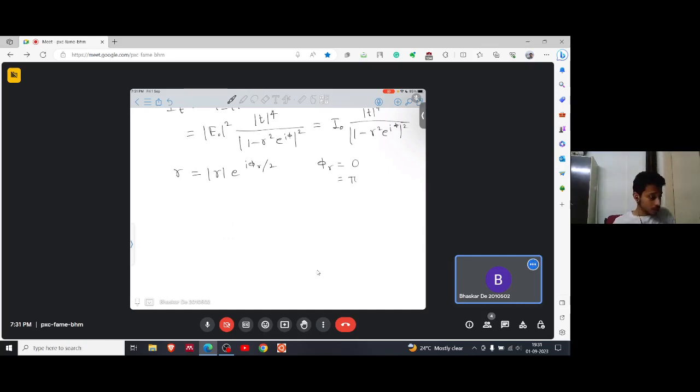Phi r is 0 when we are going from a more dense to less dense medium, and pi is for the opposite case, that is, when it is going from less dense medium to more dense medium.